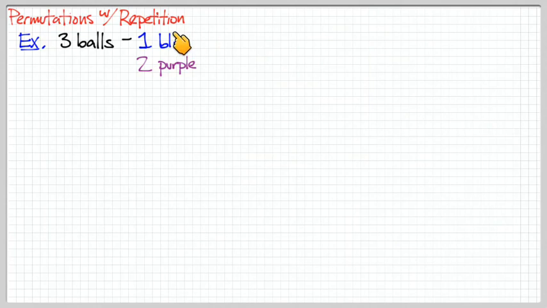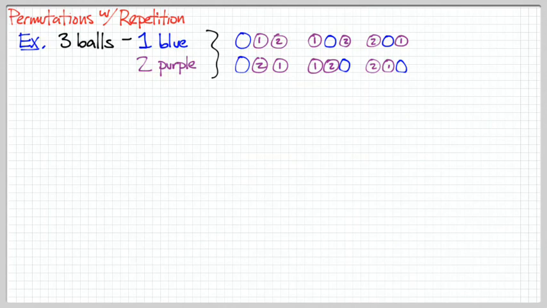Now suppose we have repetition. Let's see how this is subtly different. I start with having 3 balls, but in this case one of them's blue, but 2 of them are the same. They're both purple. Now if I treated all the balls differently, I have 6 combinations, 3 factorial ways of permuting those 3 different balls. But in fact the purple ones are exactly the same.